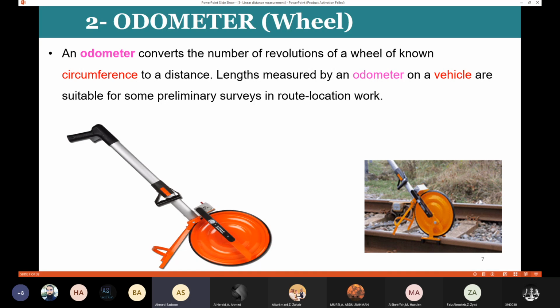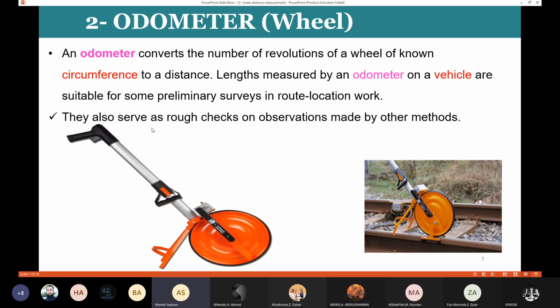But again, this is an approximate method. Of course, it's more accurate than pacing, but it's still approximate. In case you have route location work, like roads or railways, this method could be useful for us.